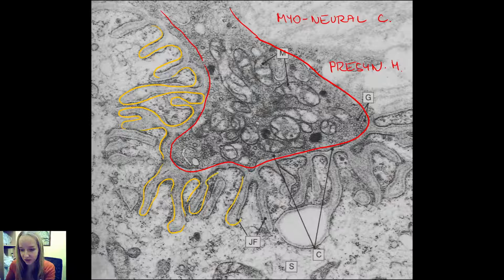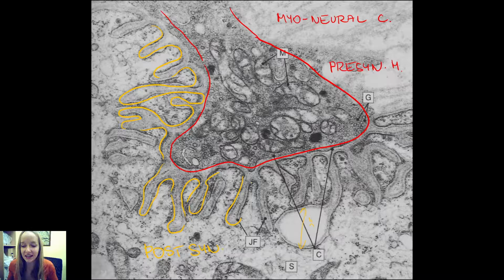So the postsynaptic membrane is a membrane of a muscle fiber. There is some kind of artificial dilation, nothing to be worried about. It isn't some kind of special organelle or something. It just happens sometimes during preparation of the slide, so it's nothing to worry about.